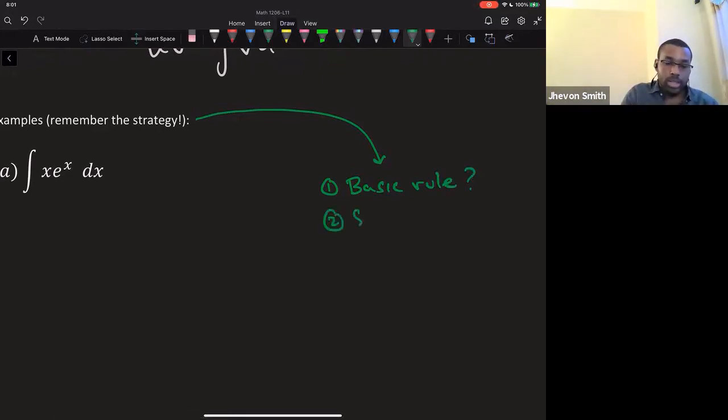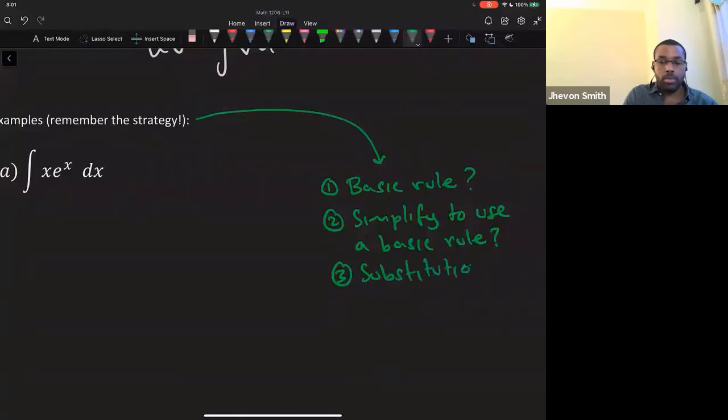Two, simplify to use a basic rule. And three, you would think substitution. Now, it turns out when you do this, none of these are going to work. They won't work, including substitution. Substitution would actually lead you to another integral that we don't yet know how to do.